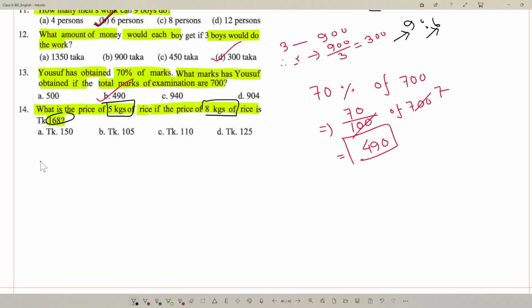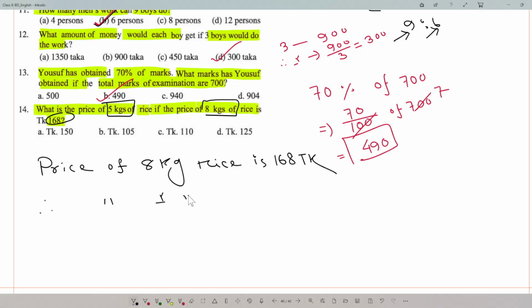So we can write: the price of 8 kg rice is 168 taka. So we have to find out 1 kg rice is 168 divided by 8 taka.